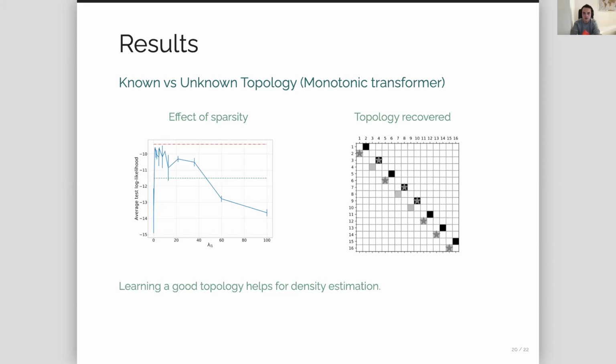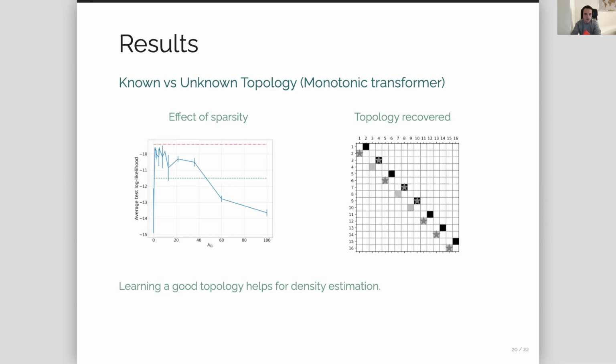And on the right plot, we show one correct adjacency matrix for this problem. So this is the black cells. The gray cells are just the transpose of the black ones. It's just because if you have a connection in one direction, you could say that maybe you have something that makes sense also in the other direction.